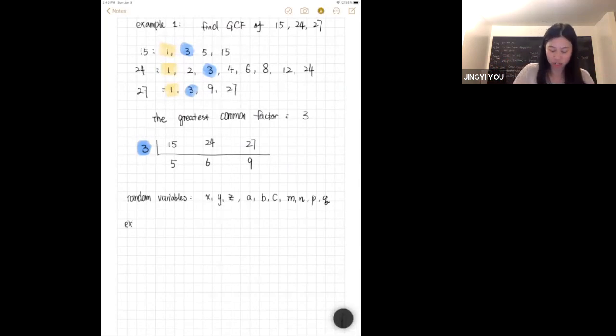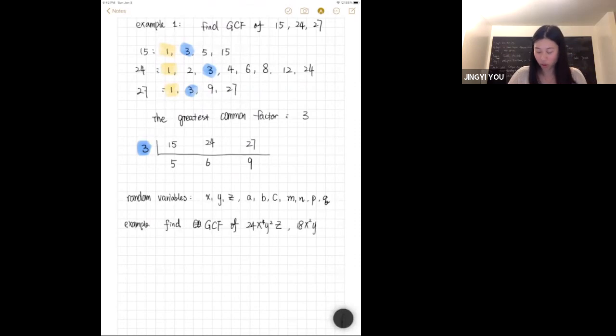Now the second example I want to give you is to find the greatest common factor of 24x to the 4th y squared z, 18x squared y to the 4th, and 12x cubed y z to the 5th.